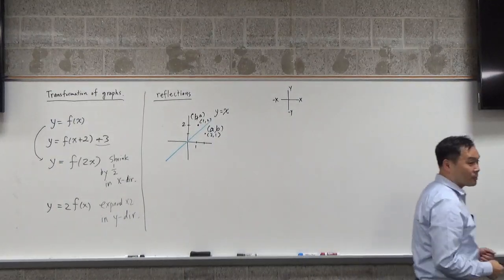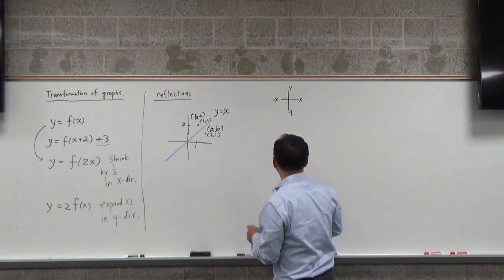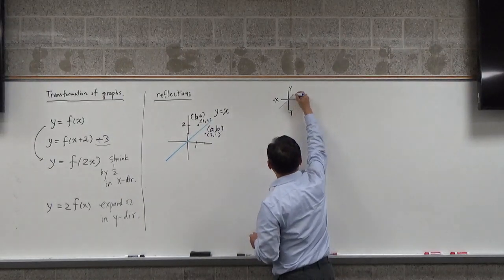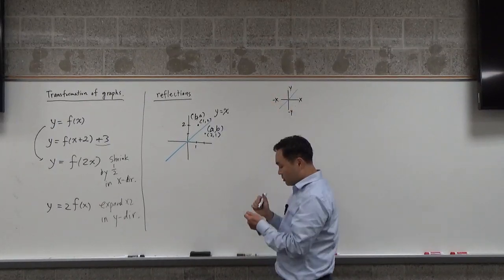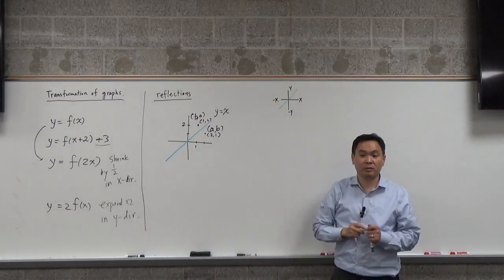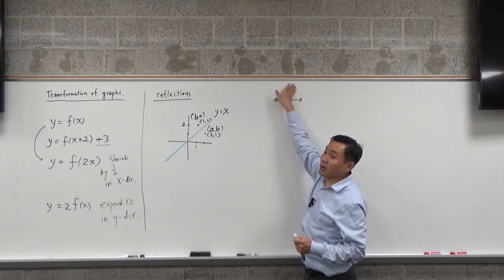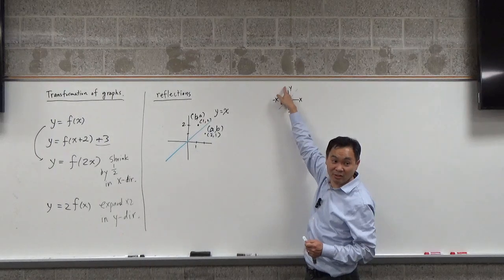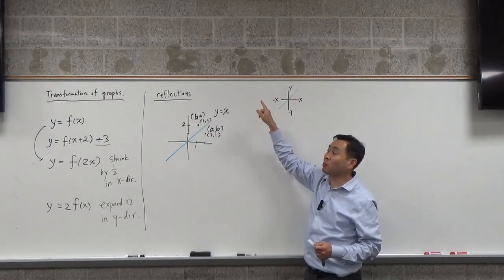Now, in terms of this small graph, think about this blue line. If you flip that way, where does x go? X goes to y. Where does y go? Y goes to x.